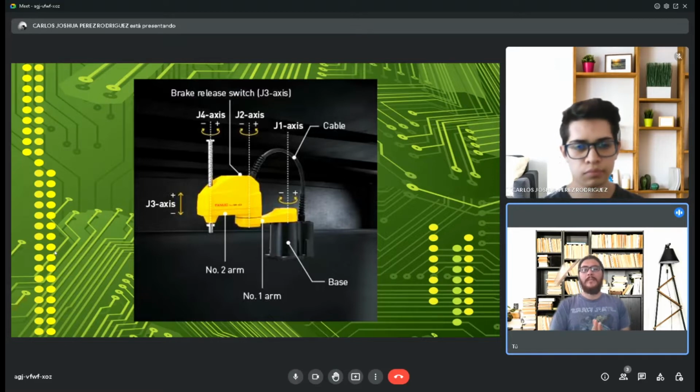Do you have complex installation and maintenance? This type of robot requires periodic replacement of the battery that stores the current revolution count, which has to be changed.